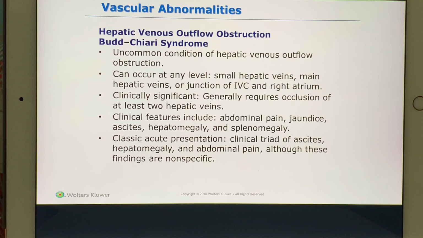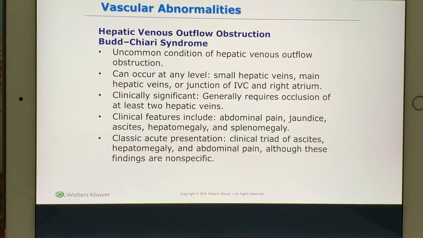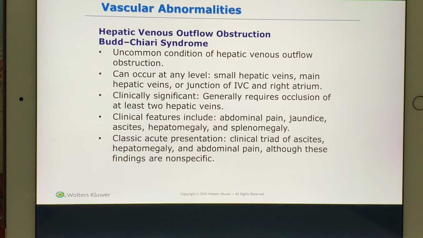But because blood can't get out of the liver because 2 hepatic veins are completely obstructed, or the IVC is obstructed at the right atrium, it's going to cause everything to back up.